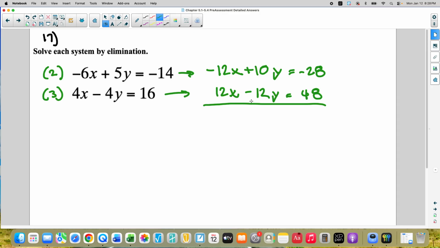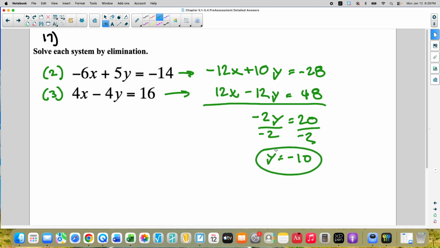The x's cancel. I'm left with negative 2y equals 20. Divide by negative 2. Y equals negative 10. I'm going to use either equation. Let's use the bottom one. 4x minus 4y equals 16.